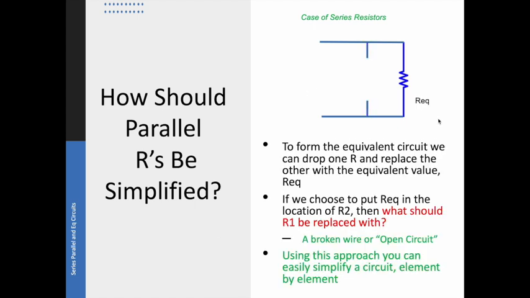In the case of parallel resistors, as we're simplifying, we replace this other location with a broken wire, commonly called an open circuit. Using this sort of approach, you can easily simplify a circuit element by element as you do series parallel combinations.